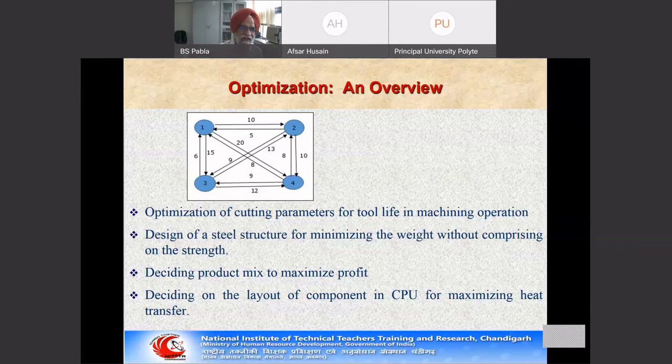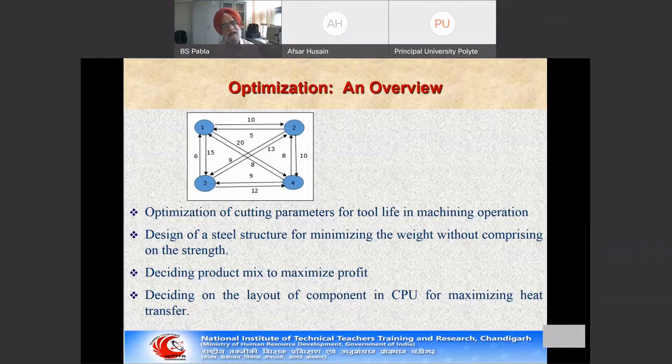But when the number of stations or the number of variables involved is more than, let's say, 5, 6 variables or 10 variables, it is very difficult to work manually, where we have to take help of the computer, where we write a generic program which, irrespective of the number of variables, will give you a solution.